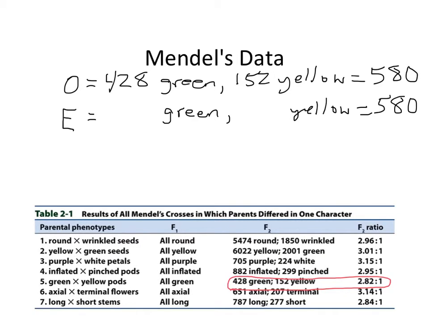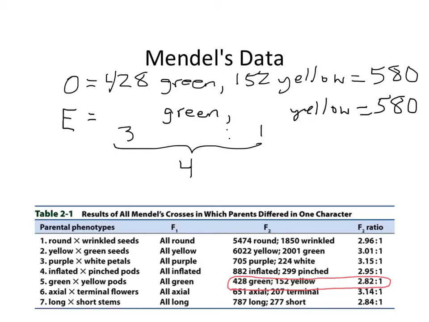The key here is that the number of expected individuals having these traits has to total the same number as were actually observed. So how do we calculate these numbers? Well, we just said that the expectation is that these values, whatever they are, be in a 3-to-1 ratio. So there are 4 total parts.